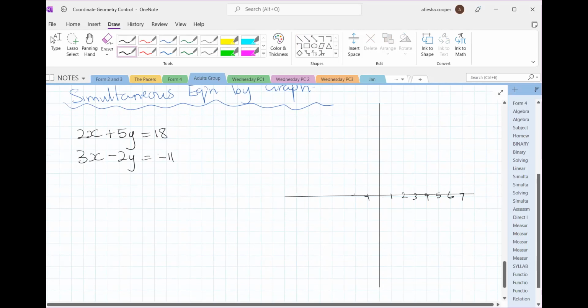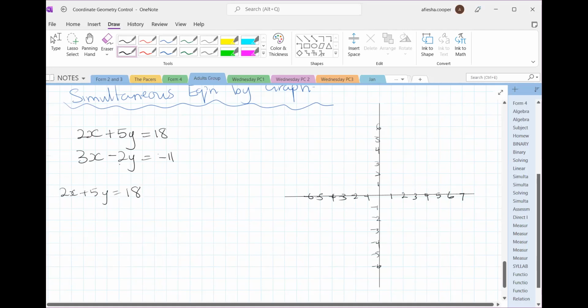Same thing. So let's do the first one. The first one is 2x plus 5y is equal to 18.